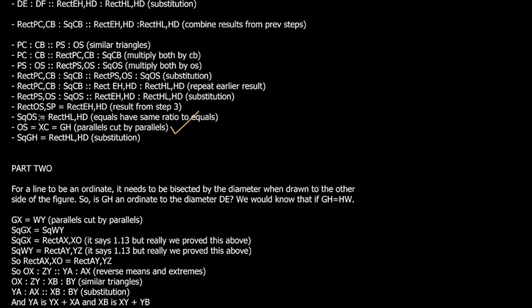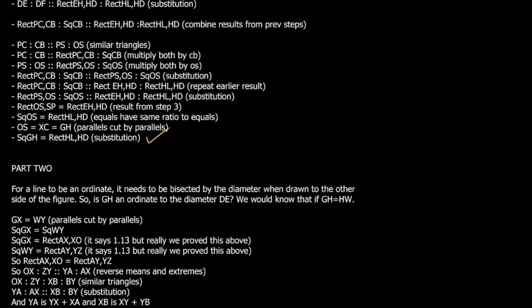So the square on OS is equal to the square on GH. And then we bring down HL, HD, still HL, HD. So this is kind of an anticlimactic ending. Square on GH is equal to rectangle HL, HD.